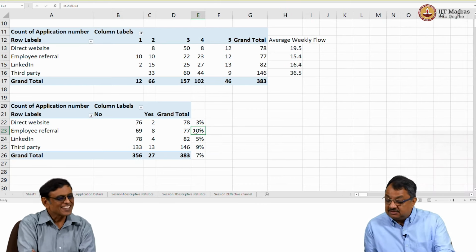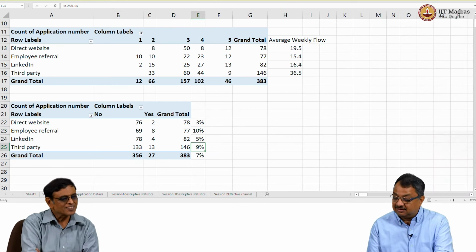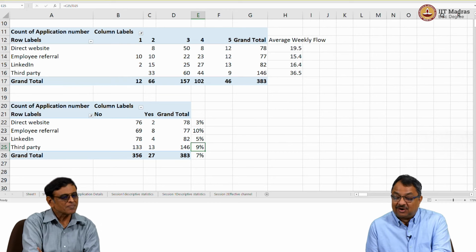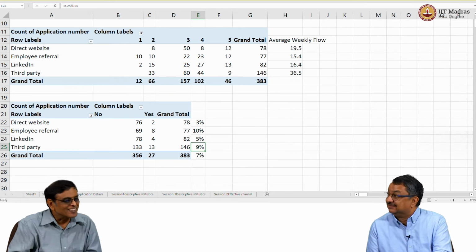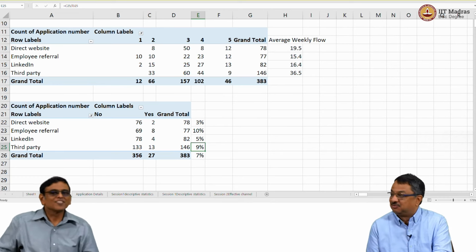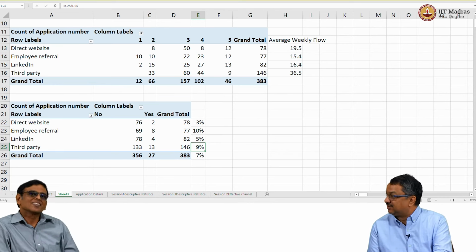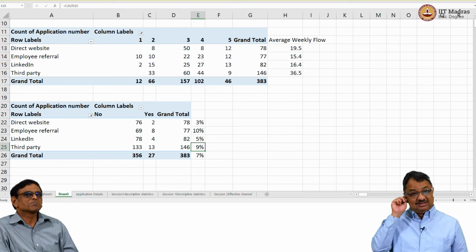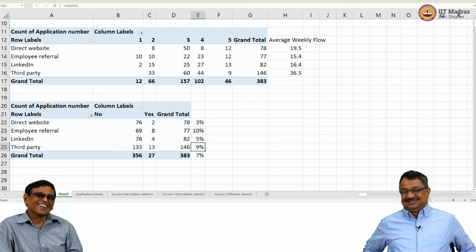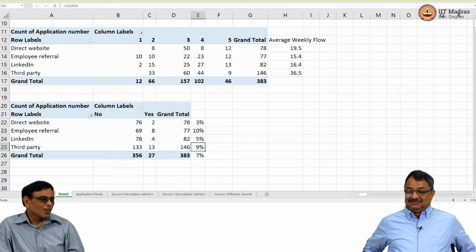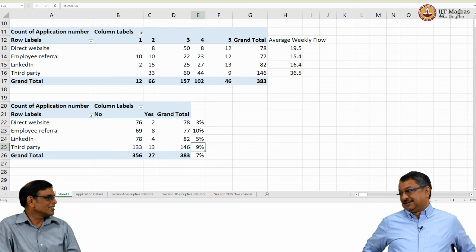Third party is still doing quite well. So where our intuition was wrong was in LinkedIn. LinkedIn doesn't seem to be performing. Employee referrals are performing. While shortlisting is not good, the people who get shortlisted get selected. They got a very good bunch of third party agents. That's what you can say.